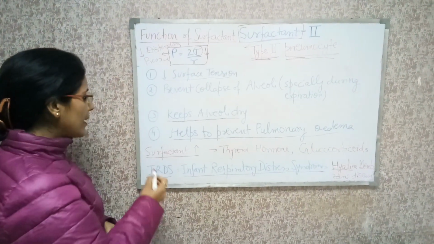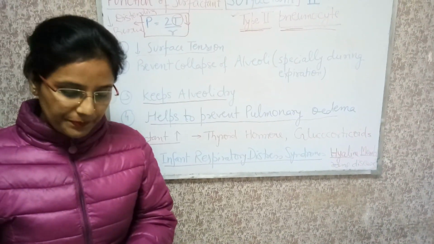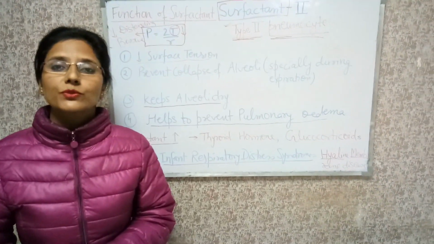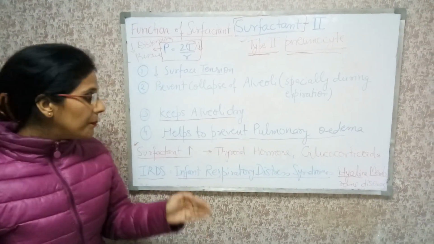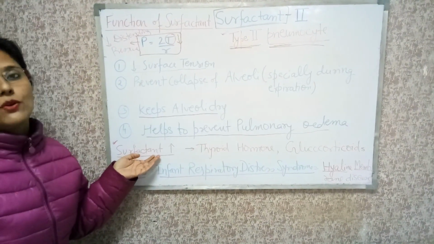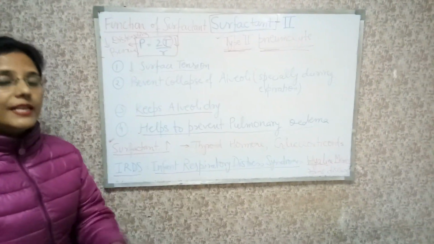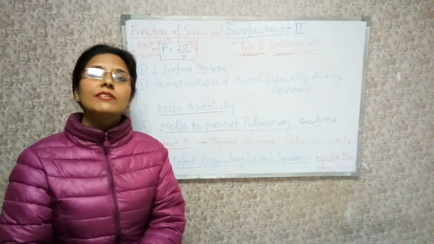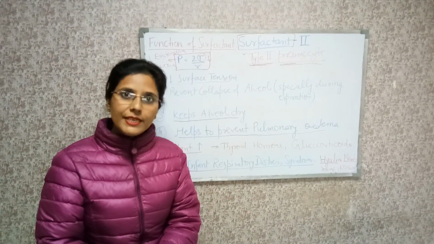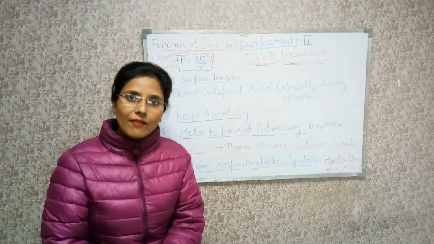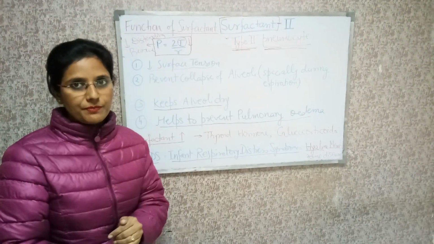Now the factors which can affect the surfactant. Among hormones, thyroid hormone is important; it helps in maturation of the surfactant. Suppose a lady has a deficiency of thyroid hormone, or is hypothyroid, her newborn can have a deficiency of surfactant because thyroid hormone is very important.